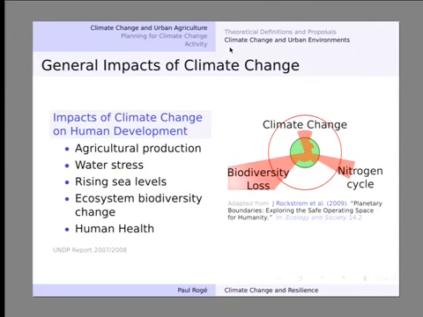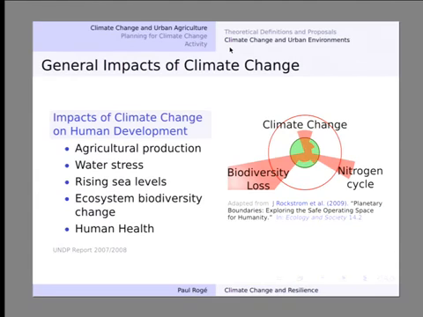So climate change is going to have effects on agricultural production due to changes in availability of water, climate, temperature. There's going to be greater water stress and also rising sea levels. So depending on where people live, there could be different kinds of impacts from climate change.